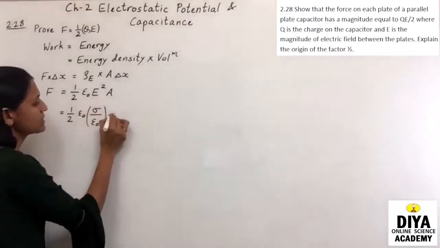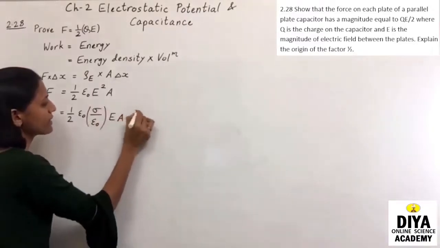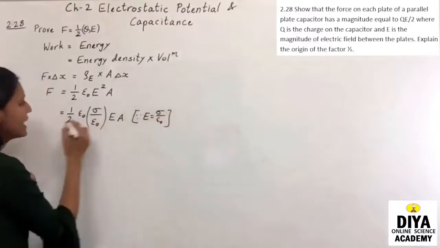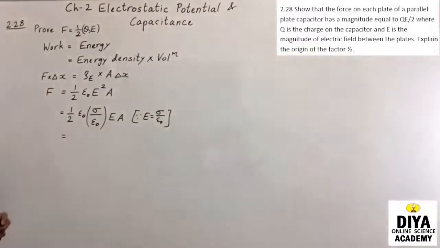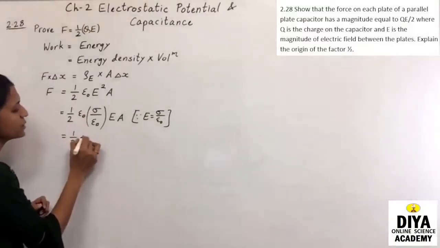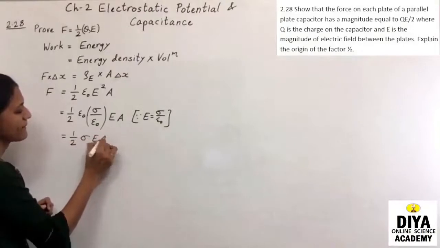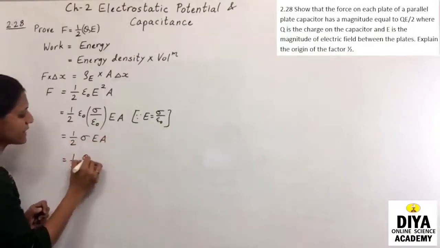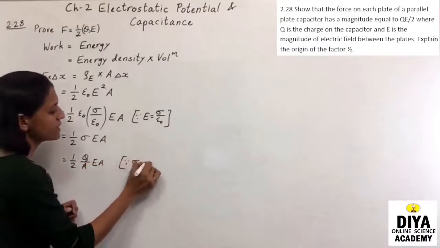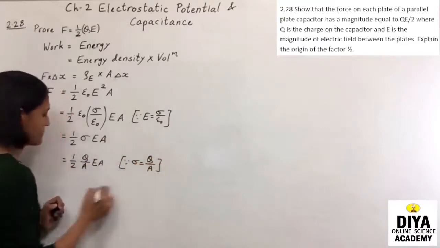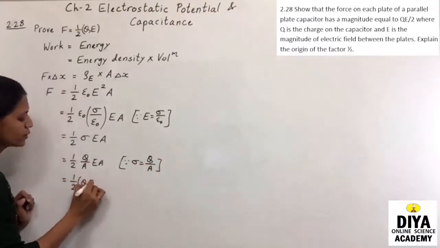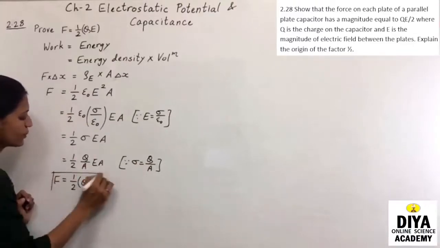So sigma by epsilon 0 and E into A, because E equals to sigma by epsilon 0. Epsilon 0 will get cancelled out, and the things that remain is sigma into EA. Now in place of sigma we can write Q by A. It is the surface charge density. Sigma equals to Q by A. A will get cancelled out. So half Q into E. This is what we wanted to prove.